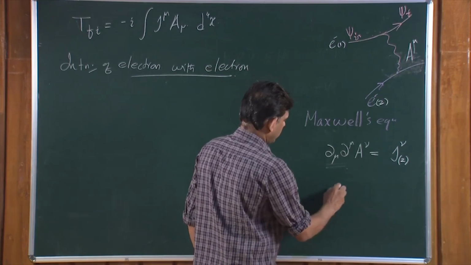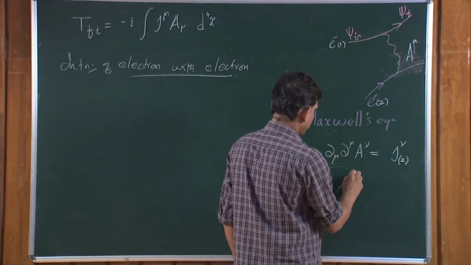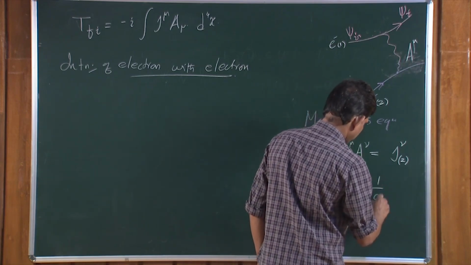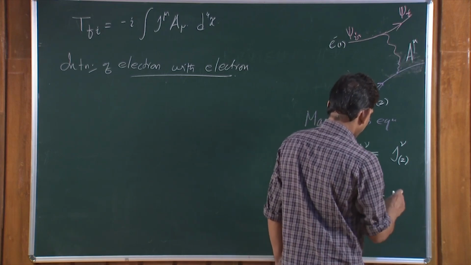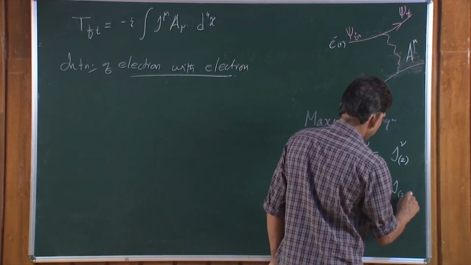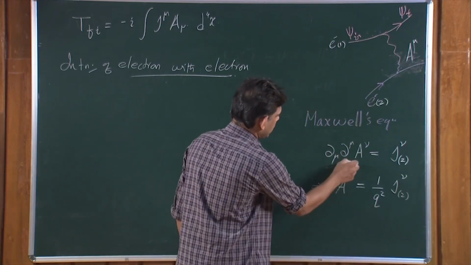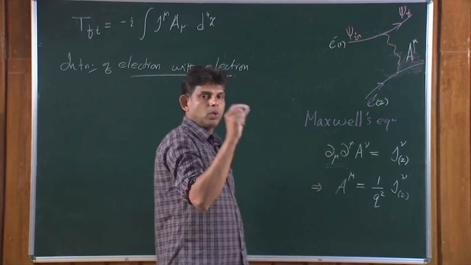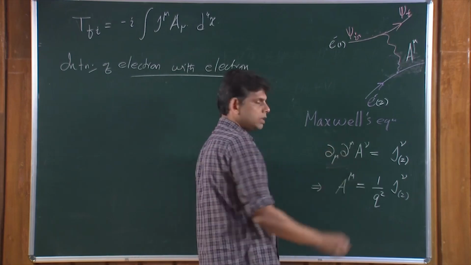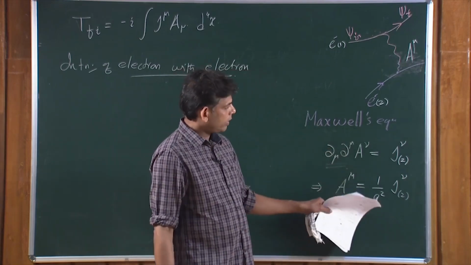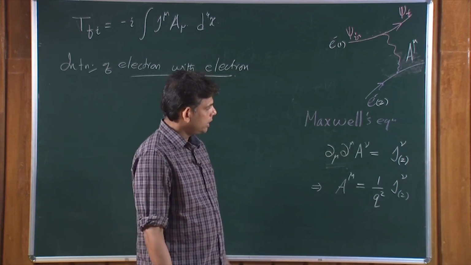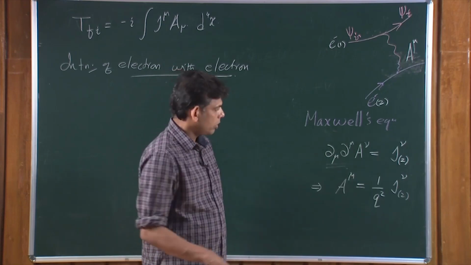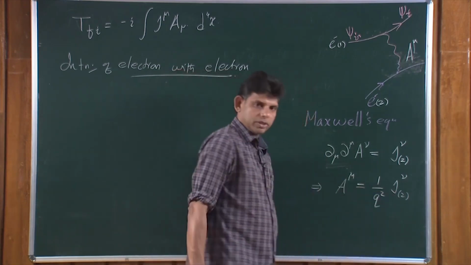A solution of this, which we had considered earlier, otherwise let us just assume, is 1 over q square j nu, where this q square is essentially coming from the fact that if you take a plane wave solution for A, e power i q x kind of a thing, then this dou mu will bring down a factor of q square. So, this is essentially needed to balance. Do not worry if you do not know the details, let us just assume this at the moment.